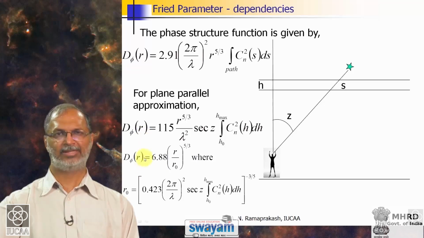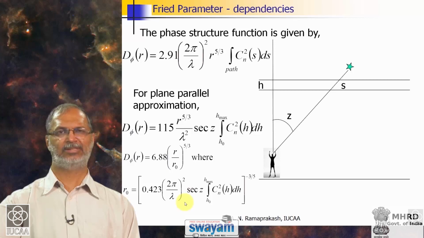So, if we put that condition in, you reduce these parts into the constant 6.88 and the remaining part of this expression into r0, and clearly this r raised to 5/3 comes about. So, the phase structure function can be expressed in terms of r0, where r0 is defined like this, which is the radius over which the average phase structure function variance is 1 radian squared.